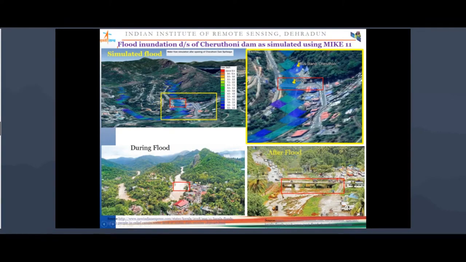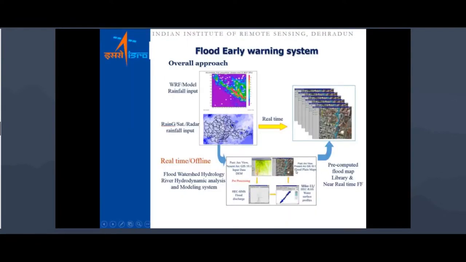Okay, now finally, flood forecasting and flood early warning. So this is the final slide, and how to do it. Basically, for a flood early warning system, the most important thing is I should know well in advance the amount of rainfall that is going to happen in the next 3 days, 5 days.